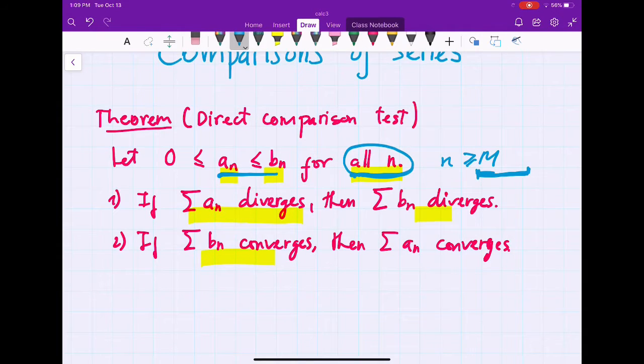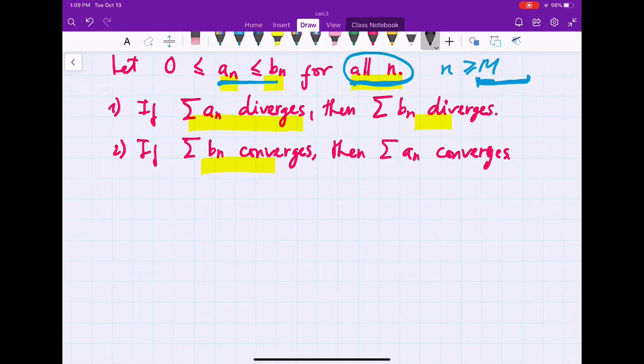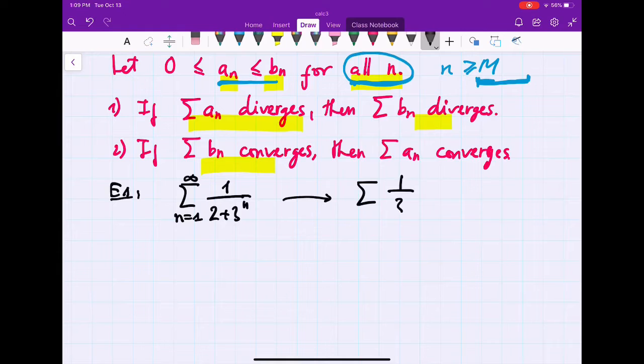All right, let's consider the following example. You have the series of 1 over 2 plus 3 to the n, n from 1 to infinity. When you see this series, you may think about one that looks like this, 1 over 3 to the n, n from 1 to infinity. And you predict that maybe this series and that series converge or diverge at the same time.